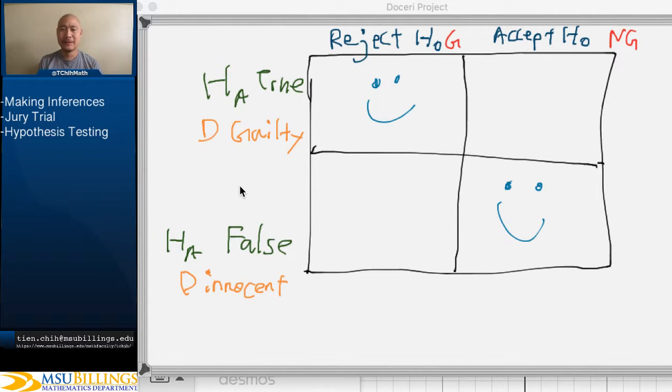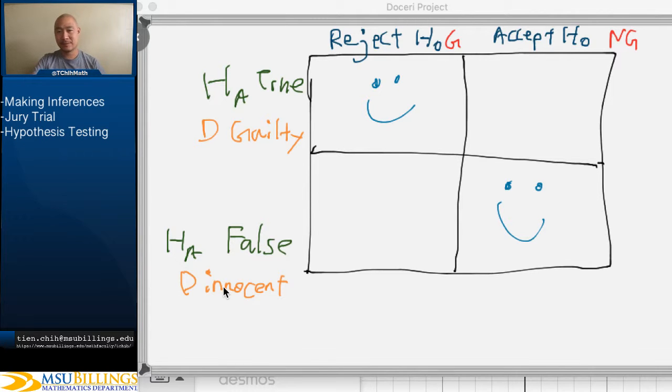But then either of these two boxes are not so good, right? In one case, the defendant is innocent and we find them guilty, that's bad. In another case, the defendant is guilty and we don't find them guilty, and that's also not good, right?